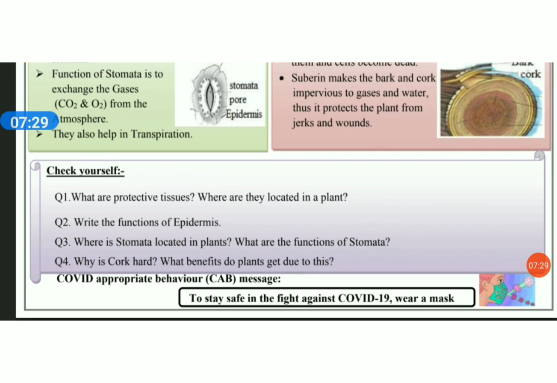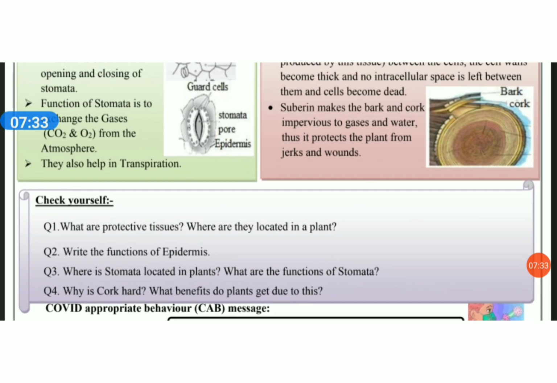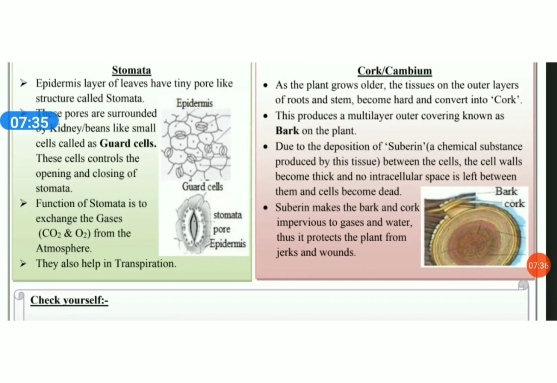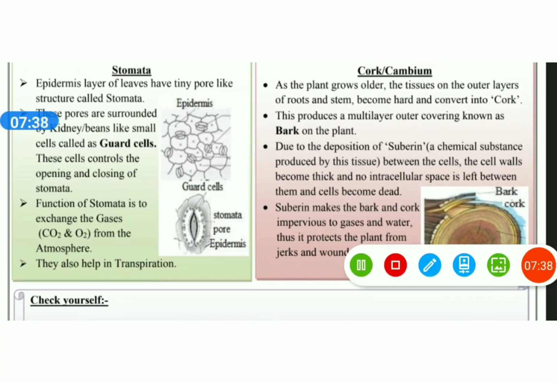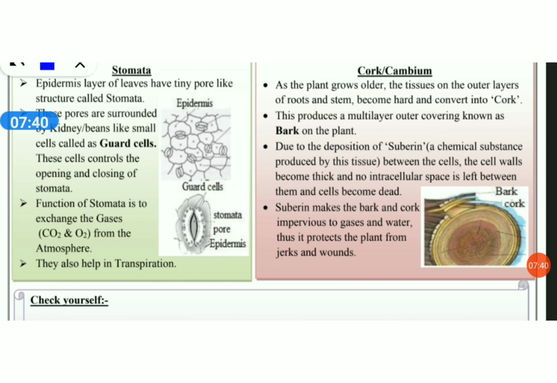The fourth question: why is cork hard? What benefits do plants get due to this? Now the cork is generally hard, as we see that roots and stems become hard. Why?